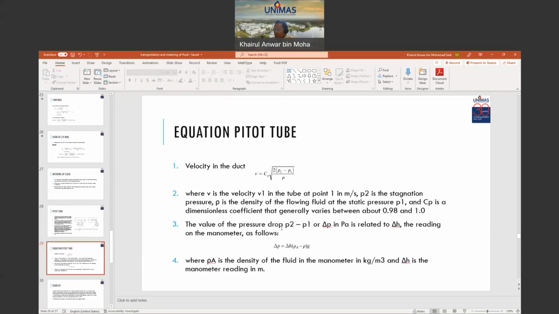The value of the pressure drop P2 minus P1, or delta P, is related to delta H, the reading on the manometer, as follows. So delta P is equal to delta H times (rho A minus rho) times g, where rho A is the density of the fluid in the manometer in kilograms per meter cubed and delta H is the manometer reading in meters.